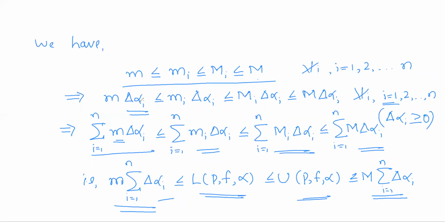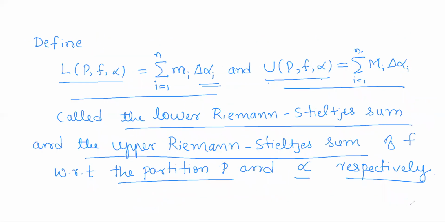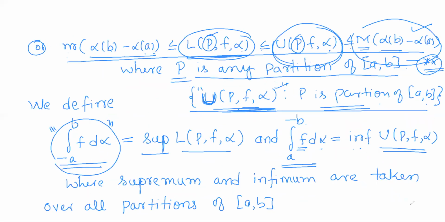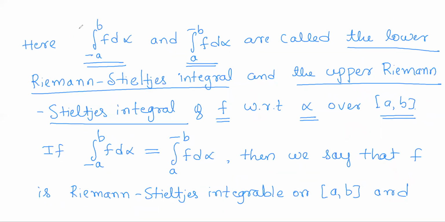One is the lower Riemann-Stieltjes integral of f with respect to alpha over the closed interval [a, b], and the other is the upper Riemann-Stieltjes integral of f with respect to alpha over the closed interval [a, b].